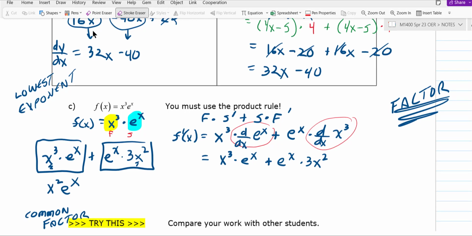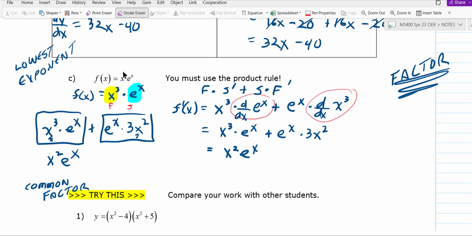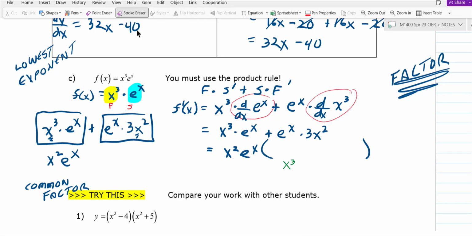So that comes out. Now, it depends totally on your skill level as to whether you can do this in your head or not. I'm just going to show you how to do it if you struggle doing it in your head. We're going to take the x squared e to the x out, and it doesn't matter what order you put those two in. It's still the same. This is something that I recommend for a lot of students: just write down the previous step directly underneath the parentheses.